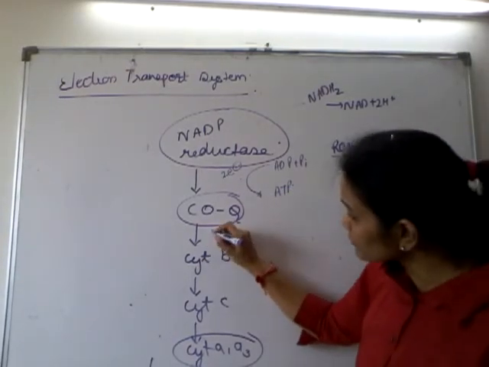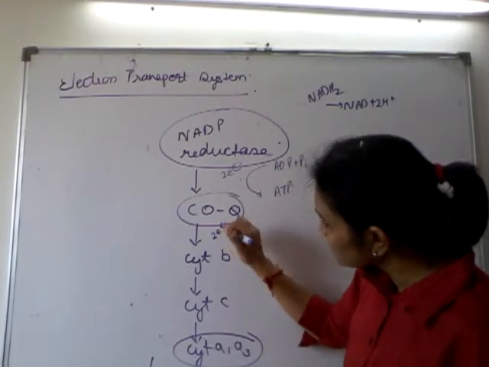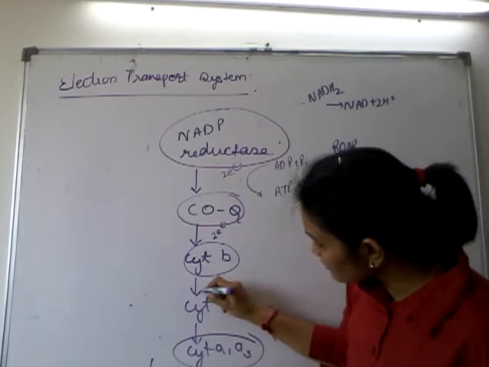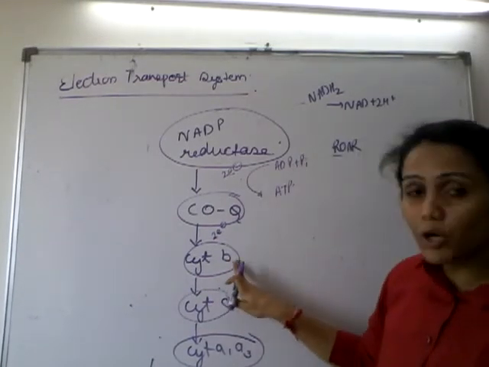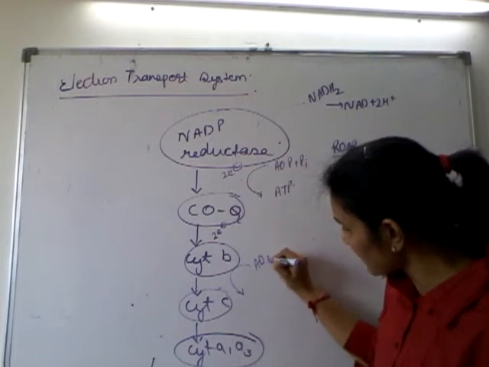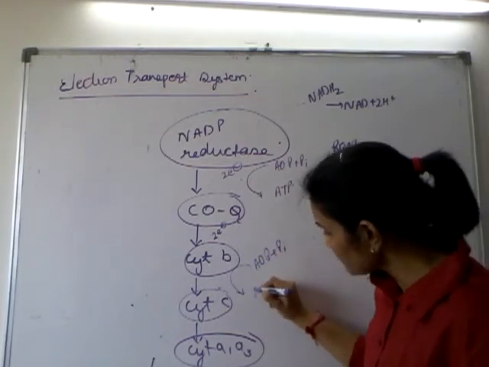When the electron moves from coenzyme Q to cytochrome B, and then from B to C1, here also the 2 electrons are accepted by ADP to form ATP.